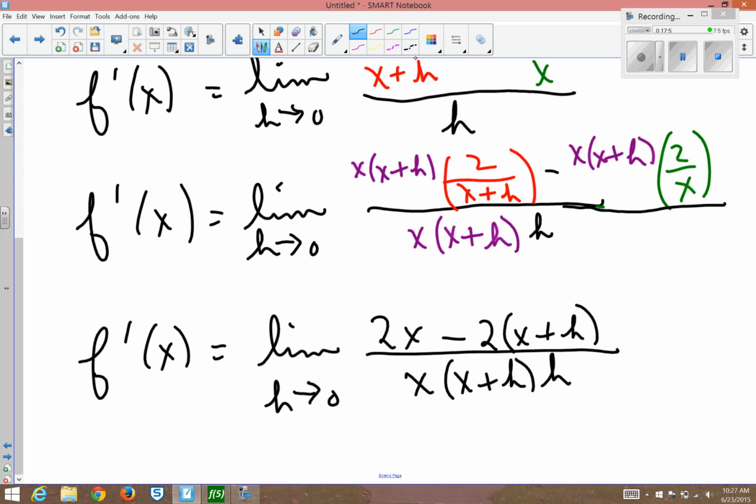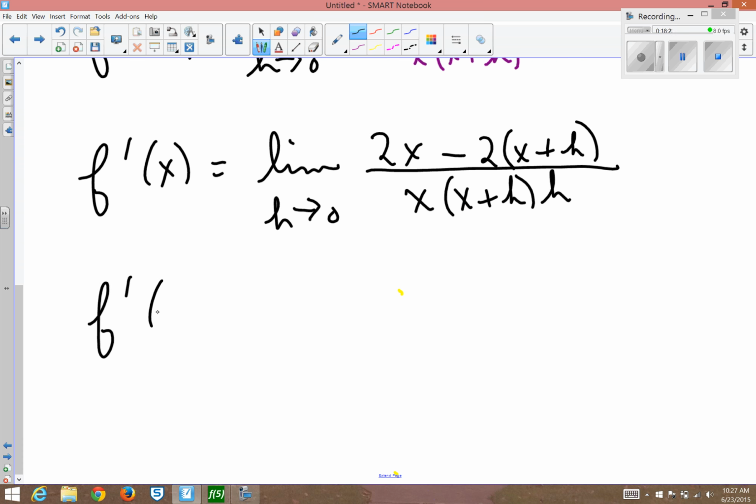So what happened here is this x plus h cancels with this x plus h. And 2x is left over. After the minus, this x up here cancels with this x down there. And this is what's left after the minus. And the bottom is just copied.